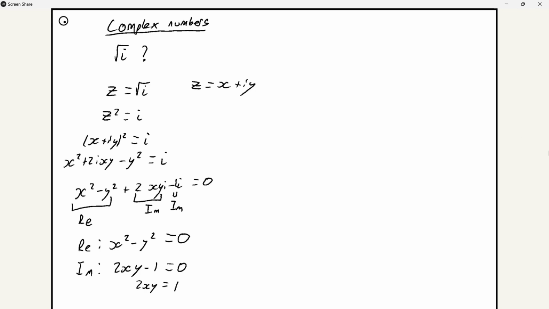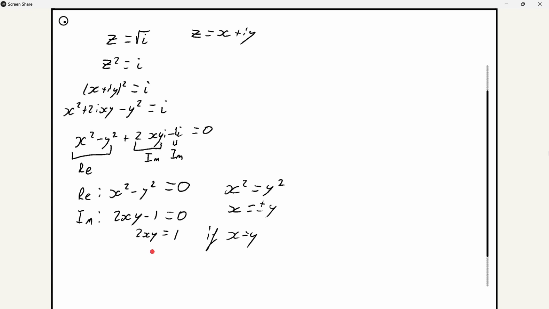Now if we use the real part, we have x squared is equal to y squared. We can cancel that down to x is plus or minus y. Now if x is equal to y, we can sub it into this one here. We get 2x squared equals 1.